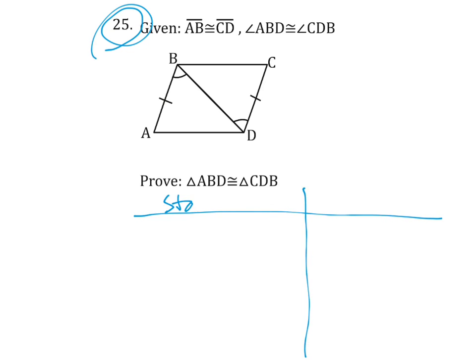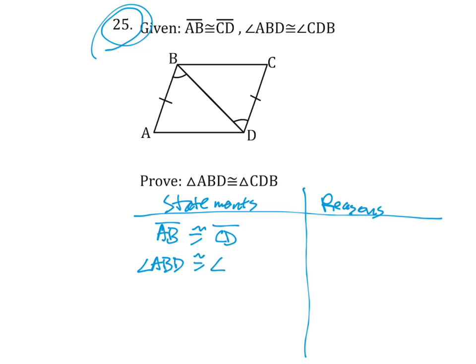We got our statements on the left, and we got some reasons on the right. And let's put these givens in here. AB is congruent to CD. And angle ABD is congruent to angle CDB. These are both given.